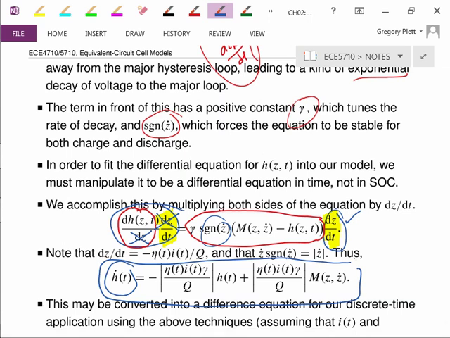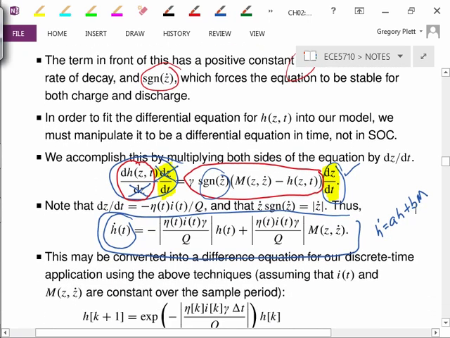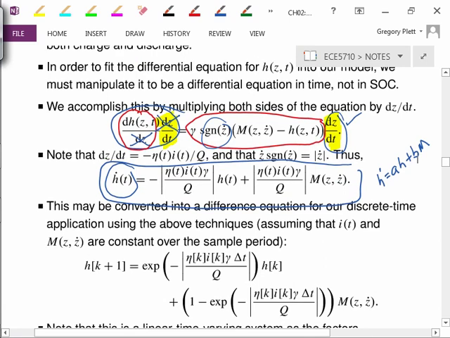And we can convert this to a discrete time equation using the method we saw in the previous section, where this looks like h dot equals a times h plus b times an input, which is M, and that's my continuous time a and b. I can get a discrete time version out of that: e to the aΔt would be my discrete time constant out front, and that integral that we had before, or 1 minus e to the aΔt, I guess, would be the other term. And that's what we did here.